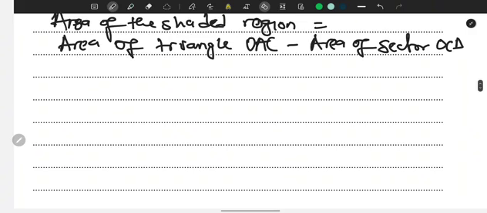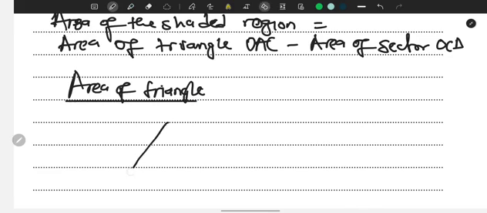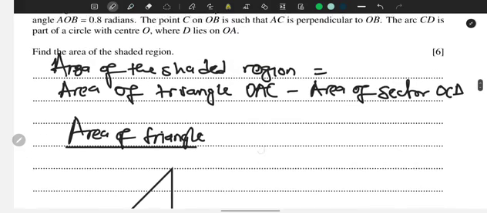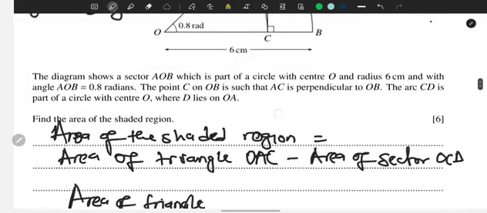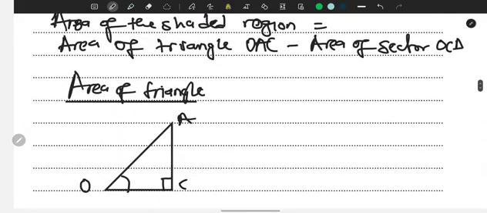For the area of the triangle, this is what we have. This point is O, this is A, this is C, and this is a right angle. We have the angle here already to be 0.8.